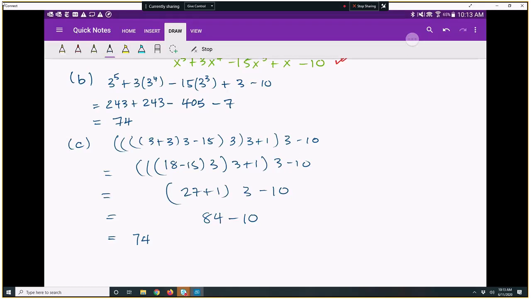So in terms of the calculations, using the telescoping polynomial, not only did I do fewer multiplications, but I actually had smaller numbers as well. The largest number that I ever had was 28 times 3, which was 84.